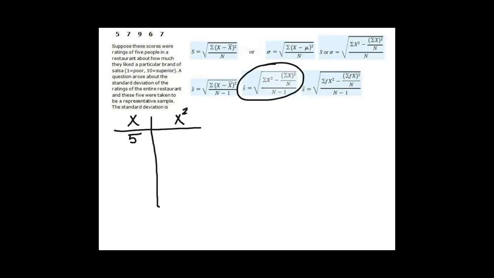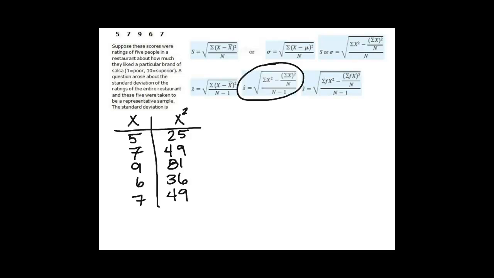So setting it up like we have previously, I have a column for the scores and a column for the squared scores. 5, 7, 9, 6, 7 are our 5 pieces of data. 5 squared is 25, 7 squared is 49, 9 squared is 81, 6 squared is 36, and 7 squared is 49.